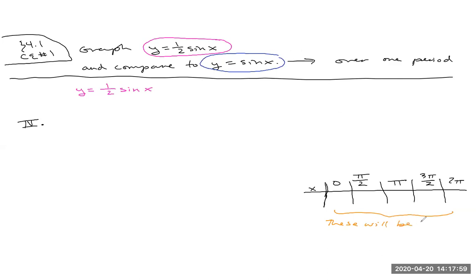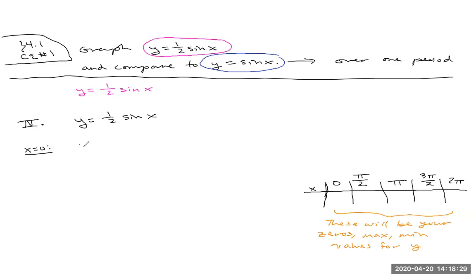These will be your zeros, max, min values for y. Okay. So traditionally though, if you're wondering how you would do this, remember you have a function here and you have x values. So you're going to plug those in.